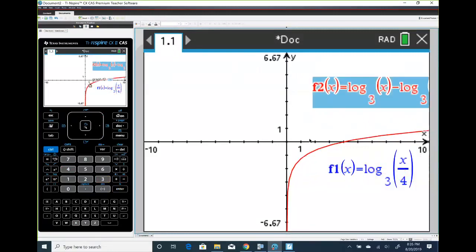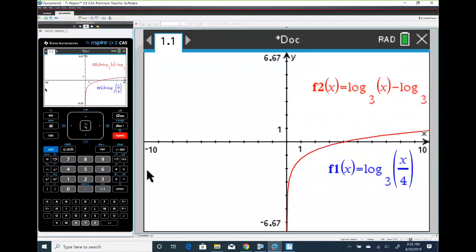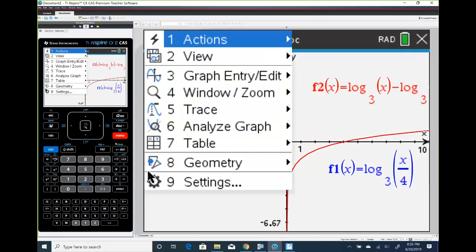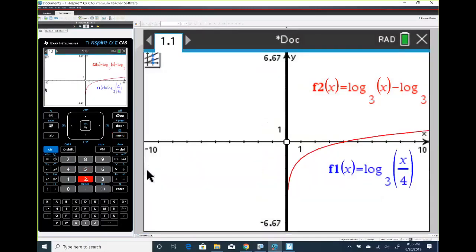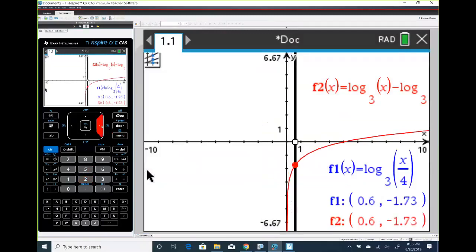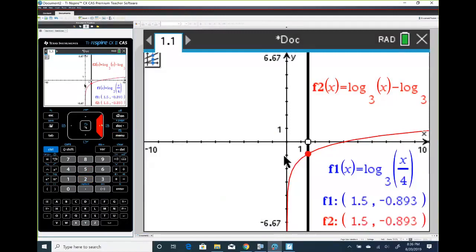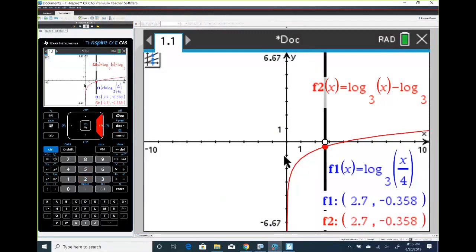Now, what I like to do to be able to see what's really happening here is hit Menu, and then Trace, and I like doing a trace all. So when I start arrowing to the right, look down there on the right-hand corner of the screen, I actually have my points being evaluated at the same x value for both functions, and as I glide around, I'm getting the same values for F1 and F2.